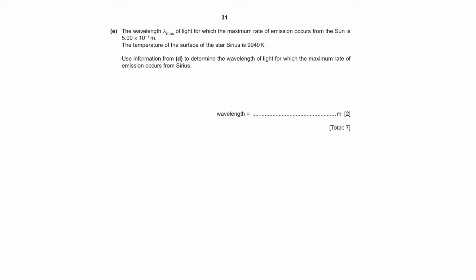We'll be using Wien's displacement law for this part, and that says that lambda max, the maximum wavelength, is inversely proportional to the temperature. So for the sun, the maximum wavelength is 5 into 10 to the power minus 7, and the temperature is 5770.